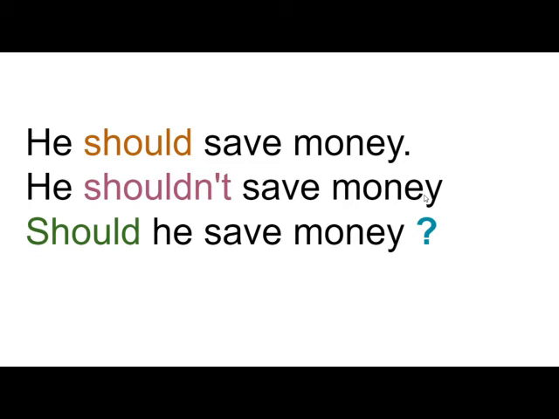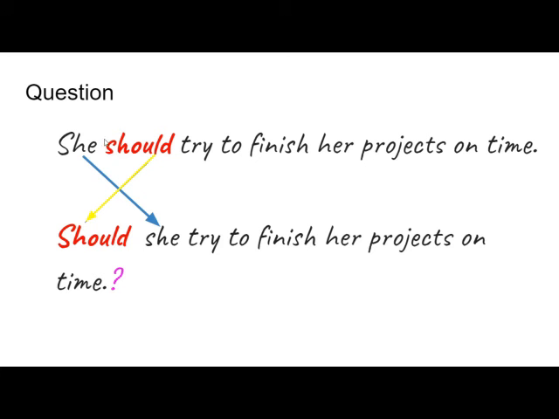Okay? And now, in question, ¿cómo hacemos las preguntas? You have to change, como vimos en el ejercicio, tomando en cuenta la oración afirmativa, cambiamos de posición el sujeto y el modal. Very good.